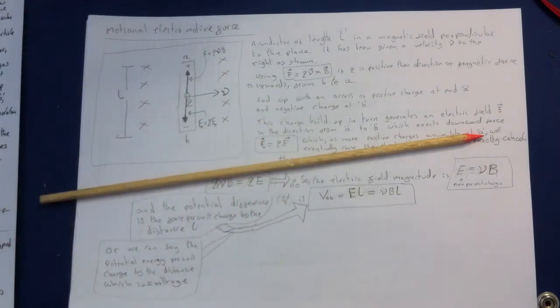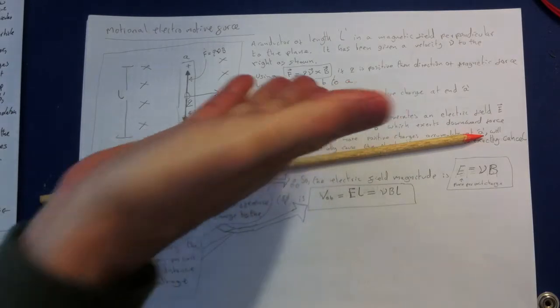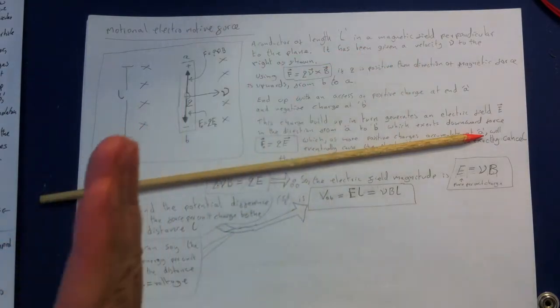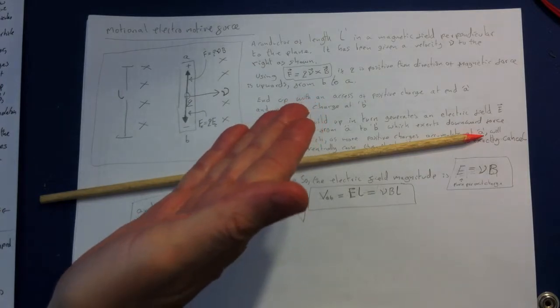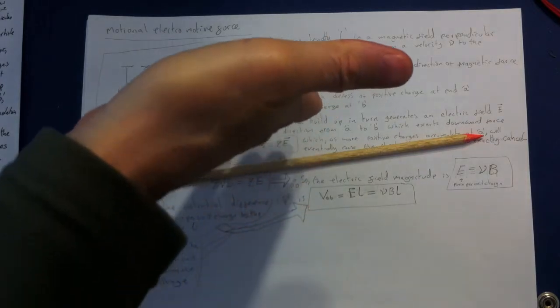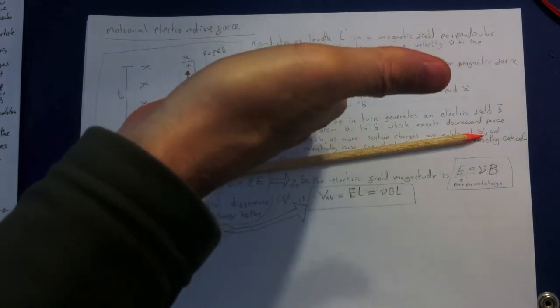Another way you can do it is to place your thumb in the direction of the velocity of the charged particle, your fingers point in the direction of the magnetic field vector, and then your palm will always be in the direction of the force. That's another way of working it out.